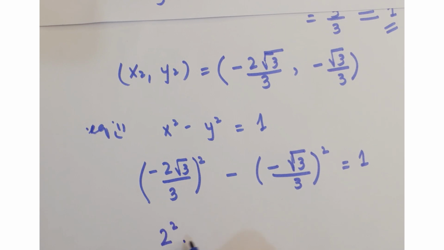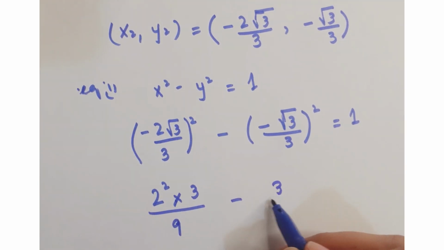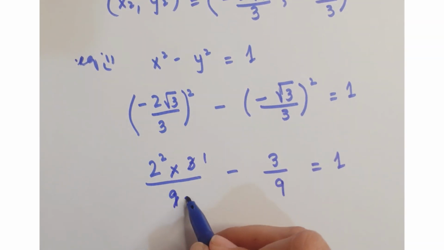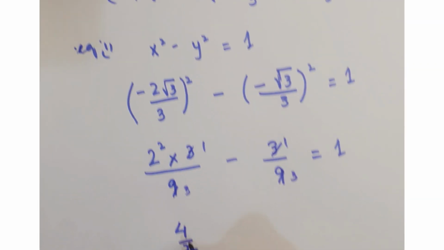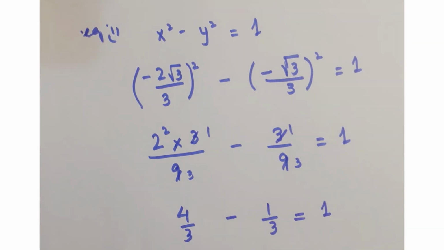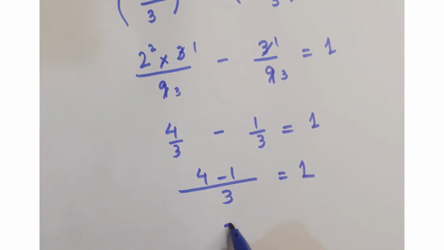So you get 2 square into 3 upon 9 minus 3 upon 9 is equals to 1. As we cancelled before, you can write this as 4 upon 3 minus 1 upon 3, and here you get 4 minus 1 upon 3.